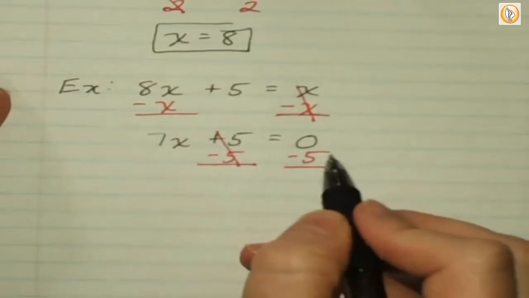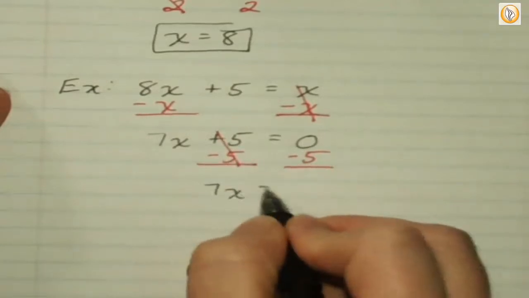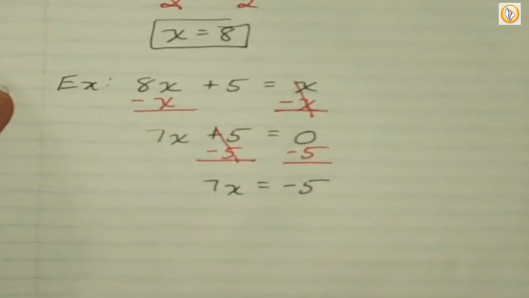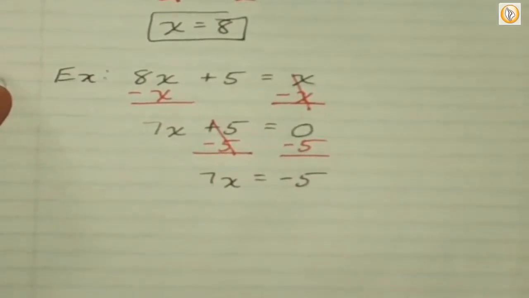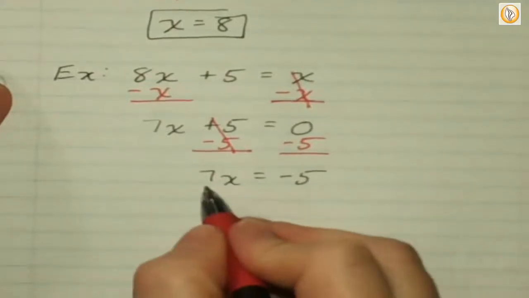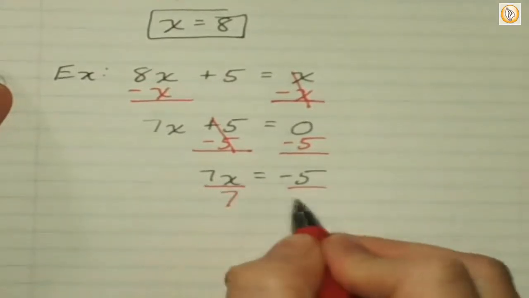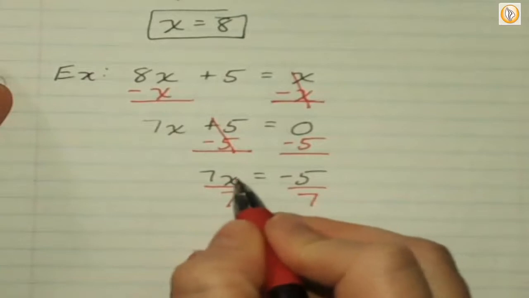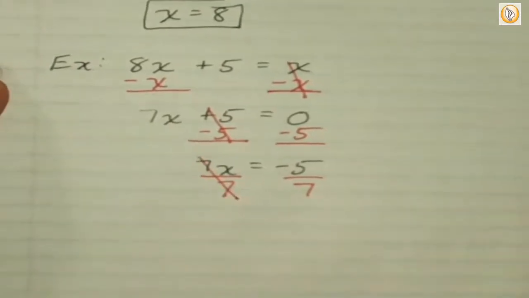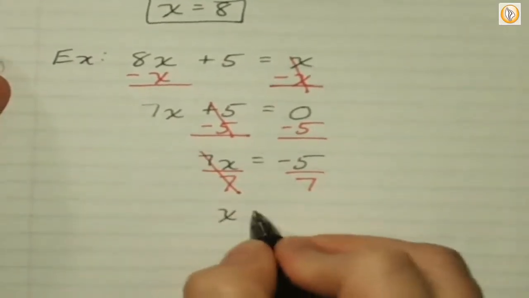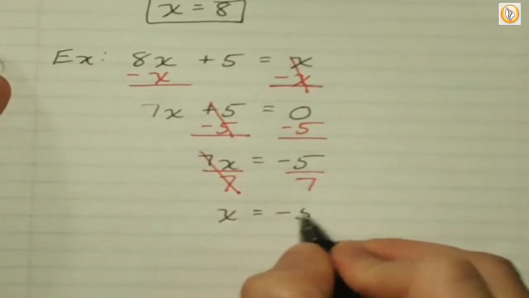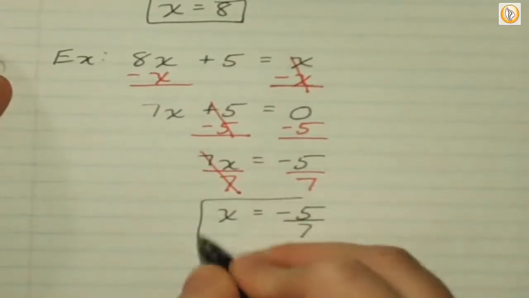So now I can move the 5 over there and I'm left with 7x equals -5. See how that works? Now I can divide both sides by 7 to isolate that variable, and you can leave it as a fraction since it doesn't divide evenly. And there's your answer.